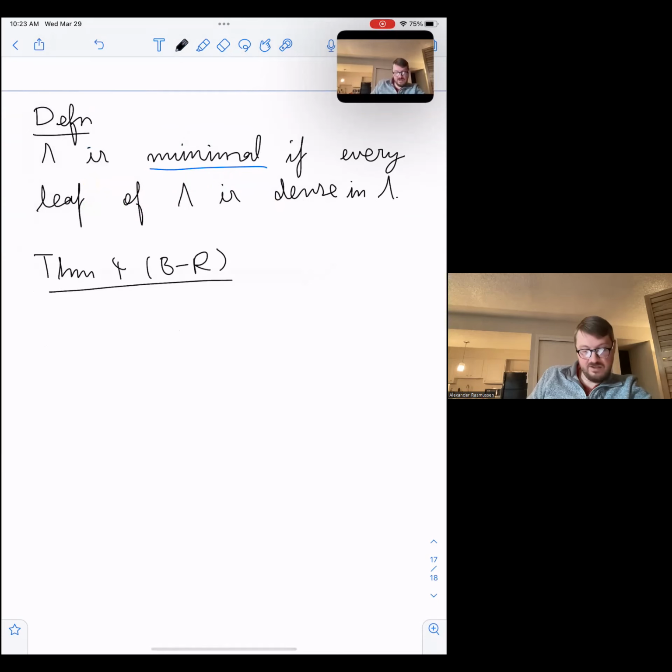And our final theorem will answer this question that I asked about the shapes of these cones.